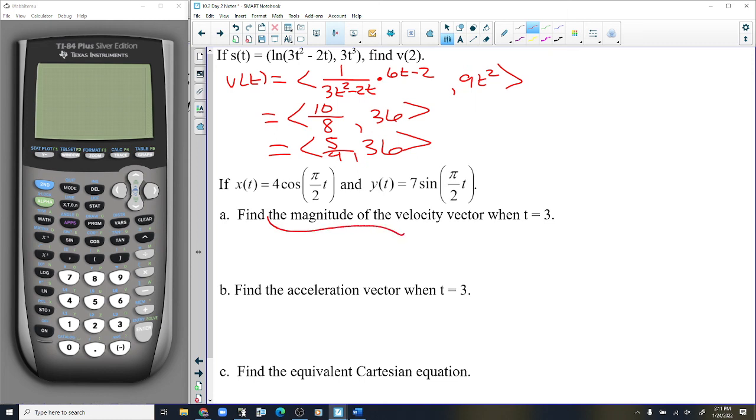Find the magnitude of the velocity vector. Find the speed. v of t is, oh boy, derivative of cosine is negative sine.